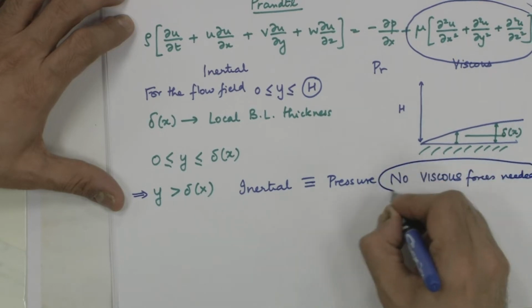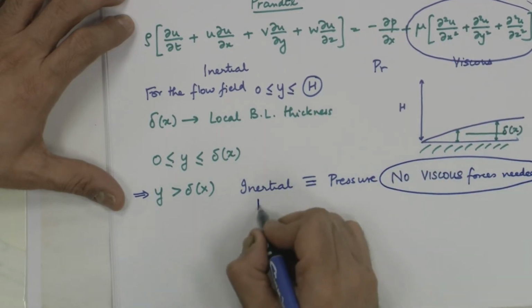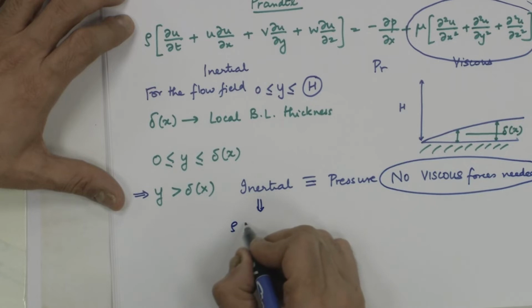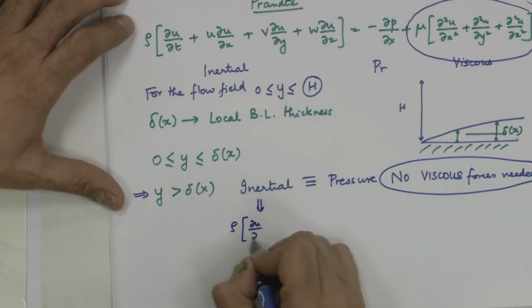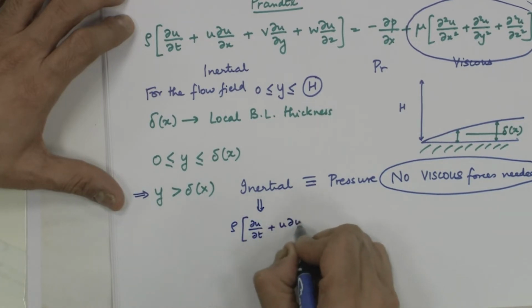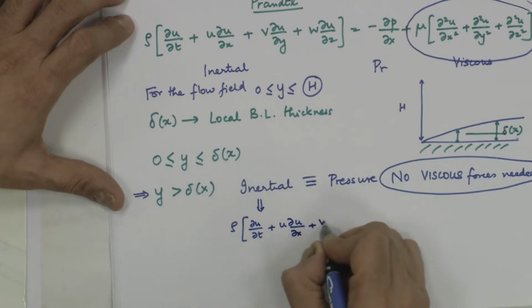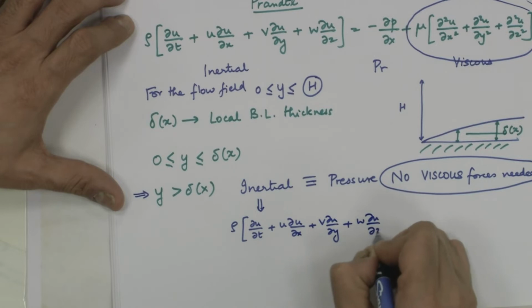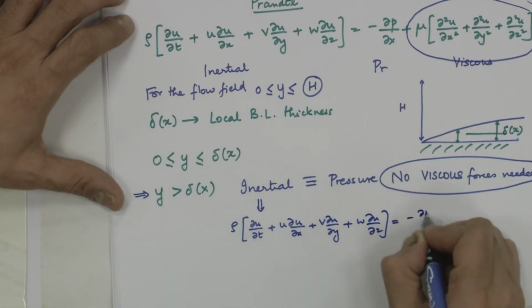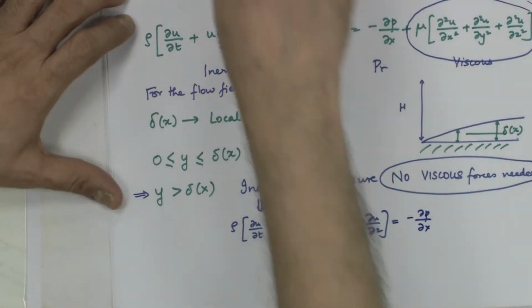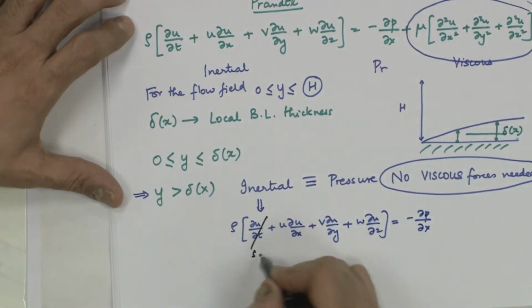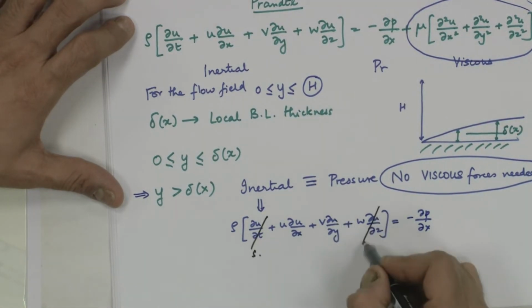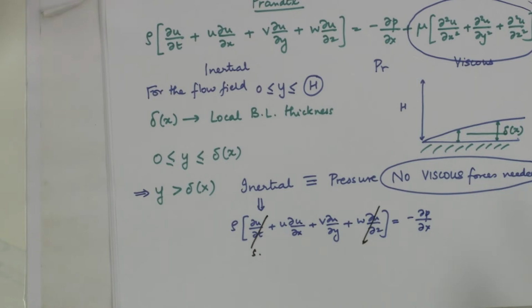My equation would be rho times du by dt plus u du by dx plus v du by dy plus w du by dz is equal to minus dp by dx. And of course, we make several assumptions: steady, two dimensional, and so on.